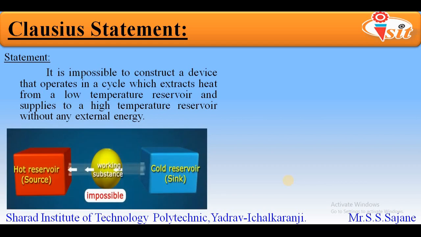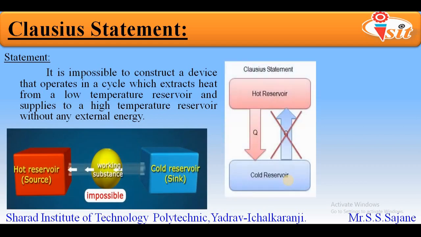To understand this statement, we will see some diagrams. In the first diagram, we can see that the impossible system is shown in this figure, because the heat is transferring from cold reservoir to hot reservoir, and such type of system is not possible if we are not providing some external energy to this system.